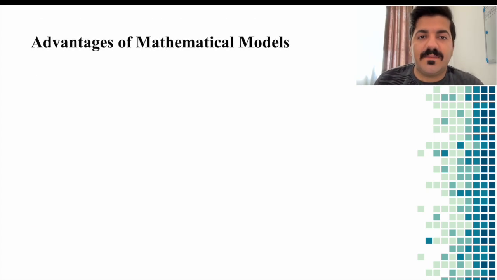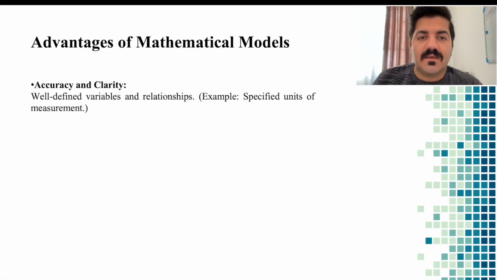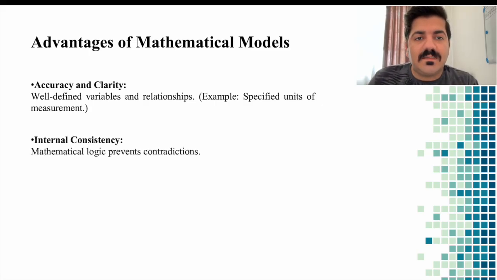Advantages of mathematical models. First, accuracy and clarity. No fuzzy words, just exact numbers. For example, the temperature will rise 2.3 degrees centigrade, not "a bit hotter", and it's accurate. Another is internal consistency and no self-contradictions.